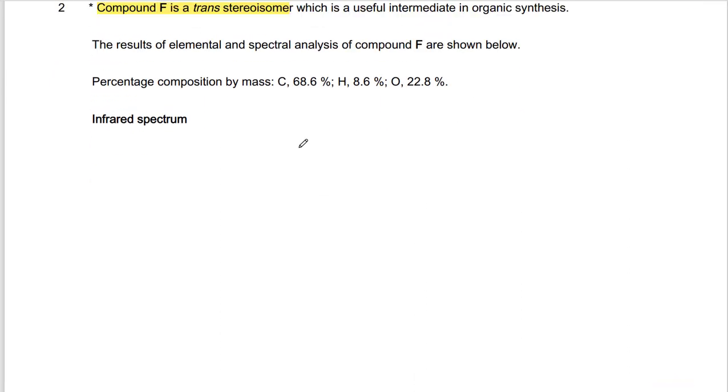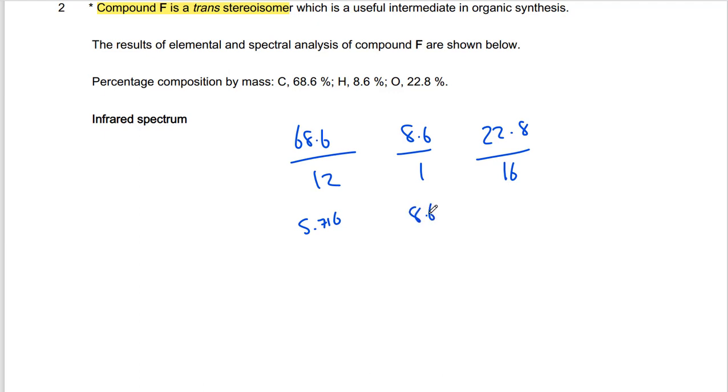It gives you elemental analysis, so let's go by the percentage composition again. First thing you do, empirical formula: 68.6 over 12, 8.6 over 1, 22.8 over 16. We'll quickly work those out. So 68.6 over 12 is 5.7, 8.6 stays 8.6, and 22.8 over 16 is 1.425.